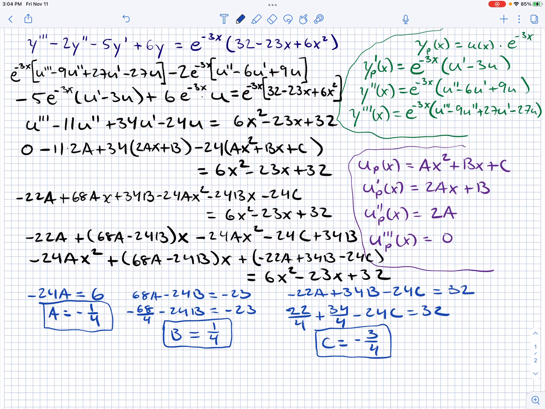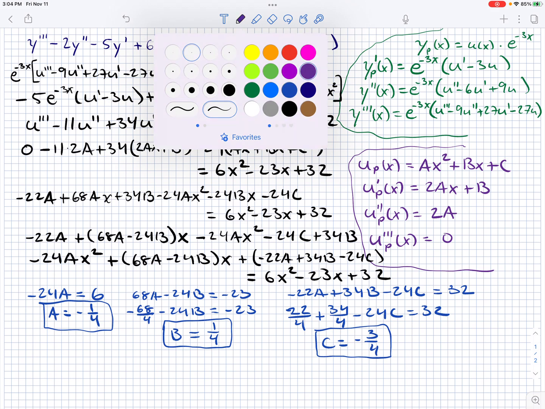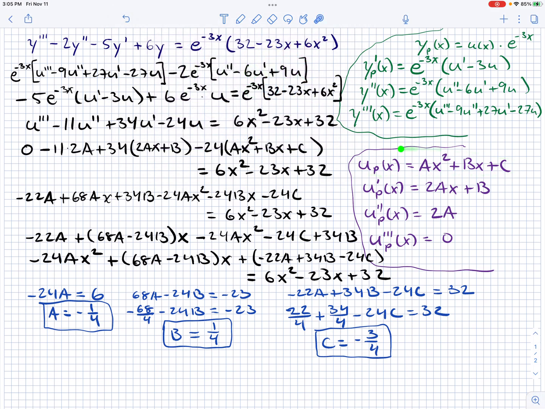So that's great because now we know our particular solution in the form of u, so u sub p of x is equal to, let me factor the negative 1/4 out. Negative 1/4 times x squared minus x plus 3.